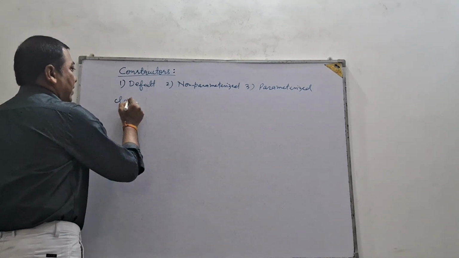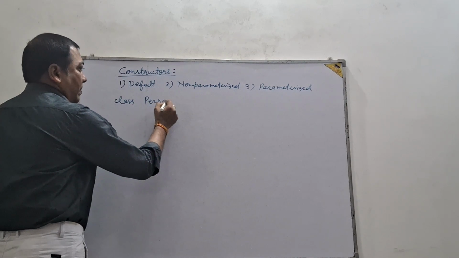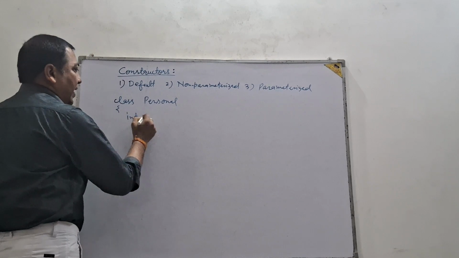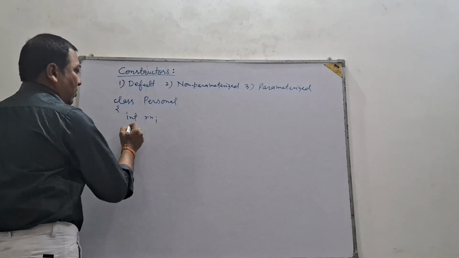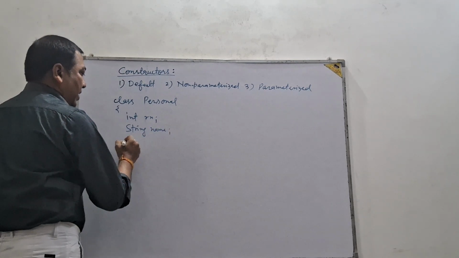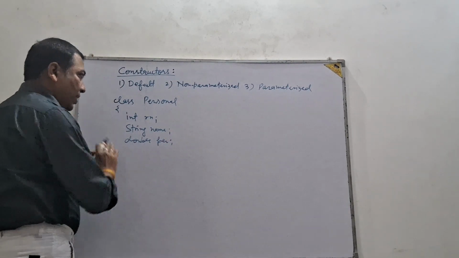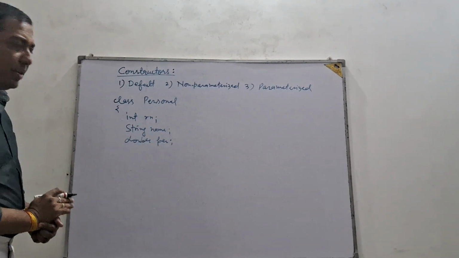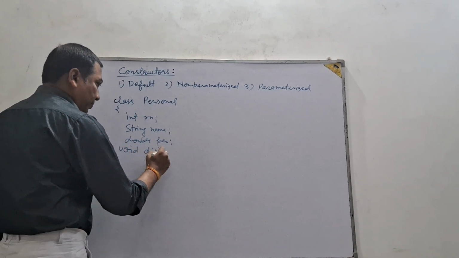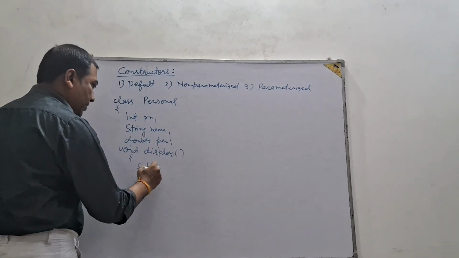Suppose I make one program, class Personal. In this I take three instance members: an int roll number, a string name, and a double percentage. Now I don't make any constructor. Next, a function void display, and simply I print all the details.